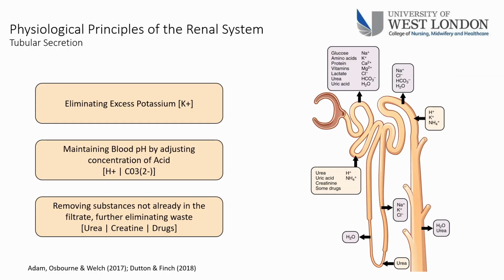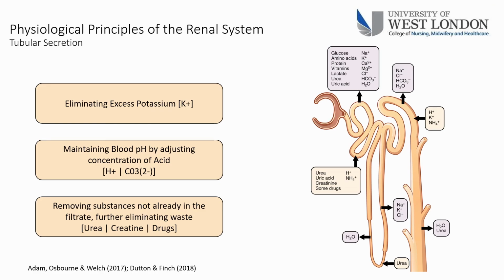The main parts of tubular secretion that you need to be aware of is that it eliminates excess potassium and excess salts or solutes. It also removes substances not already in the filtrate, further eliminating waste.